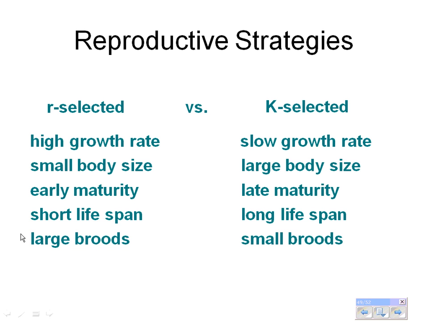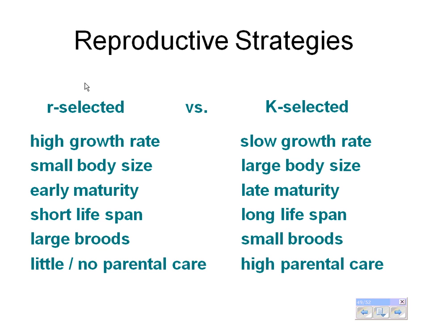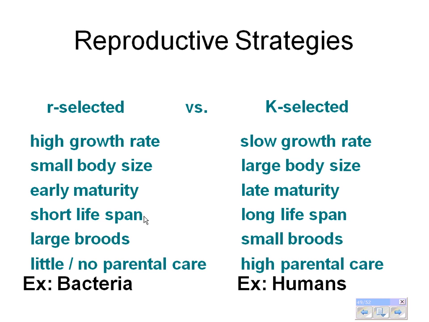R selected, little or no parental care, K selected, high parental care. And some examples, you can see R selected, bacteria, insects are examples. Our K selected, humans, elephants.